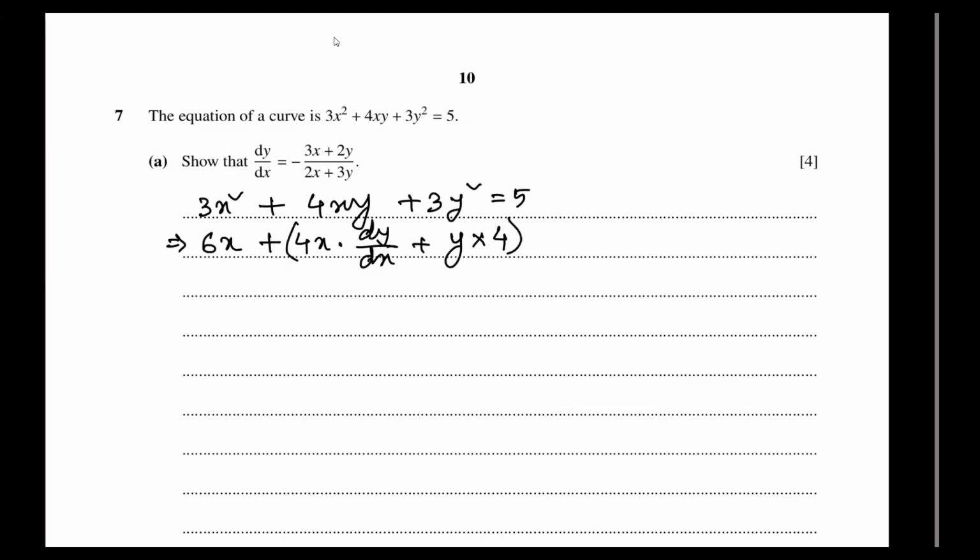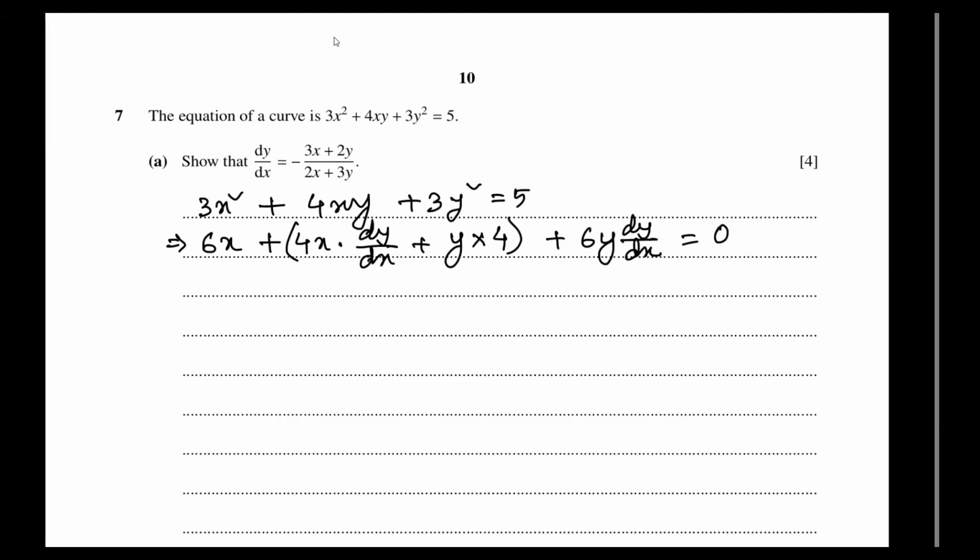That's the differentiation of 4xy. Then if you differentiate 3y square, it becomes 6y. Since it's a function of y, we write dy by dx as a product with this, so 6y dy by dx. On the right hand side, we have 5. It's a constant, and differentiation of this is 0.